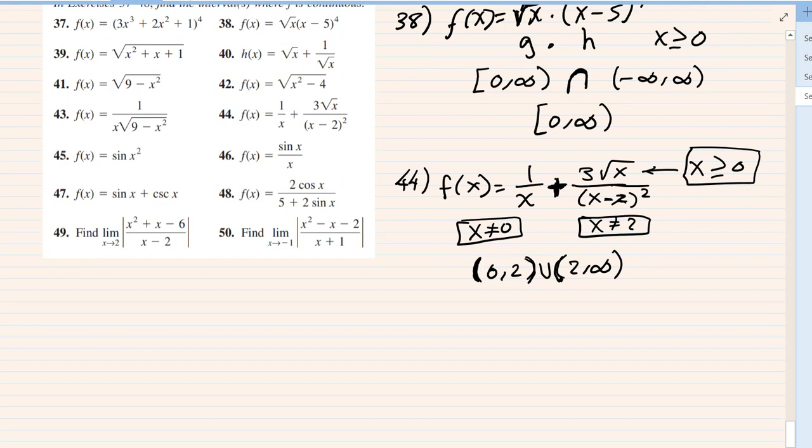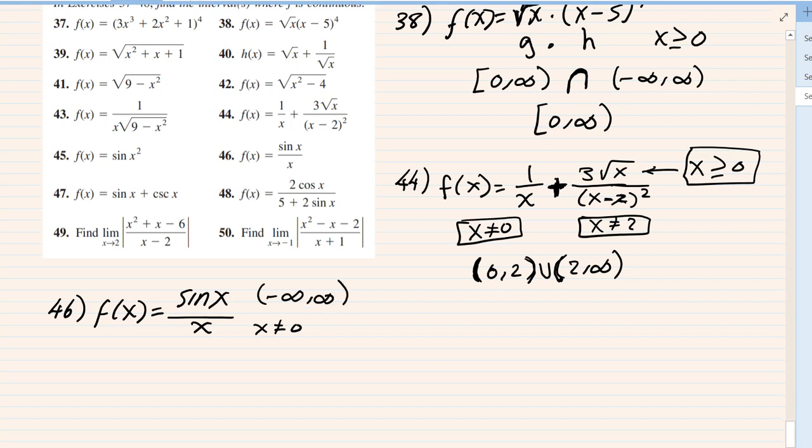Now, in number 46, we have sine x over x. That's the ratio of two functions, a trig function and an algebraic function. In the denominator we know x cannot be 0, but x can be all real numbers in the numerator, so there's no problem in the numerator.